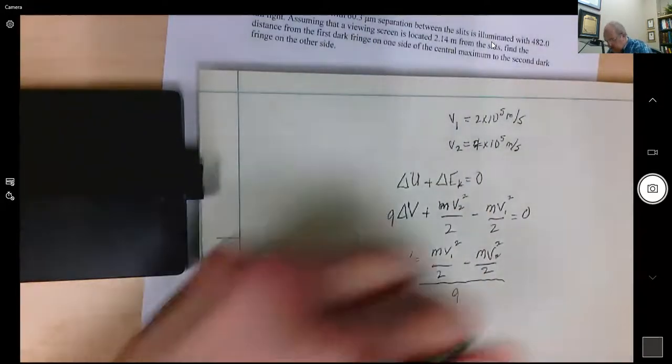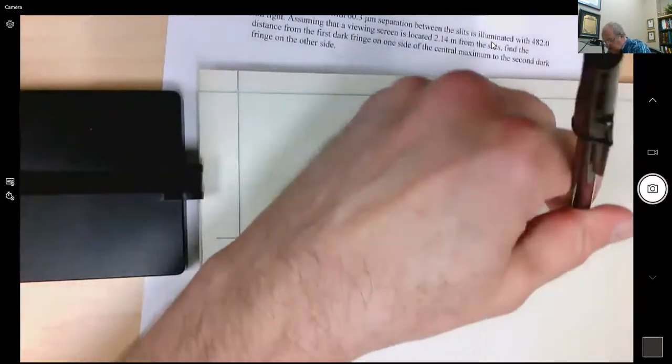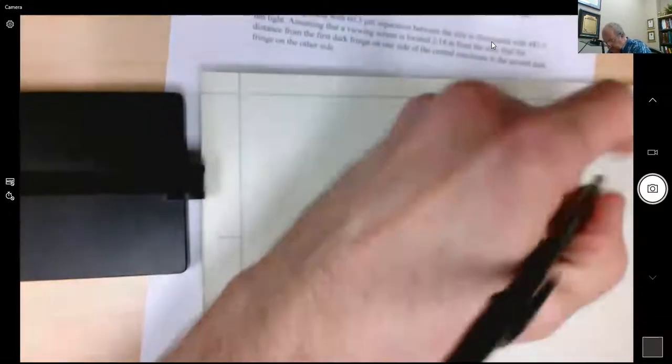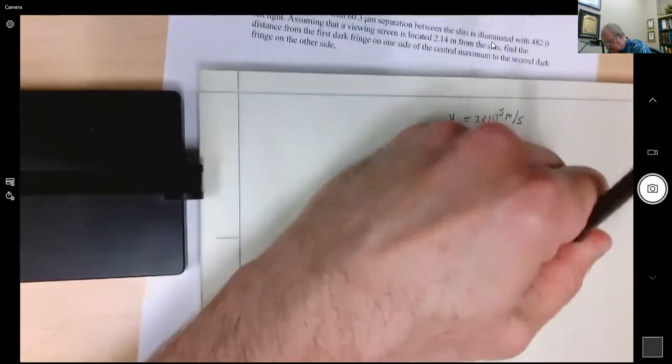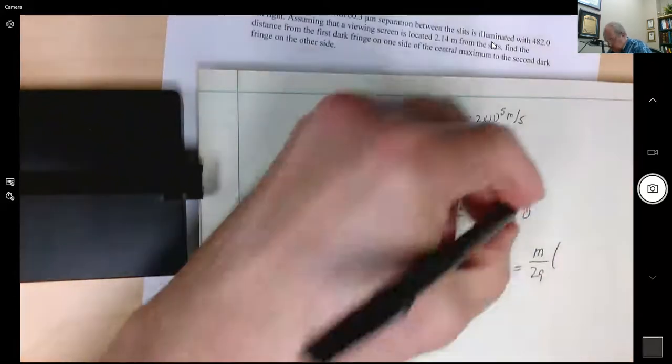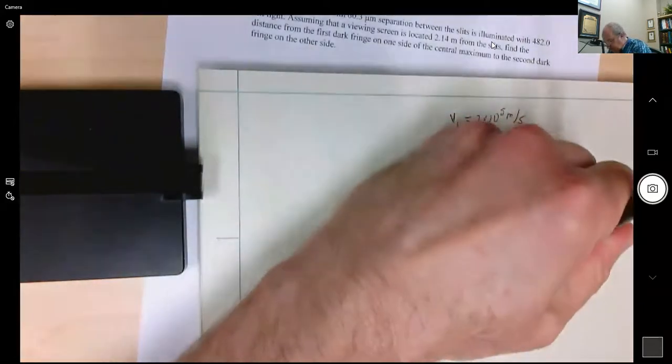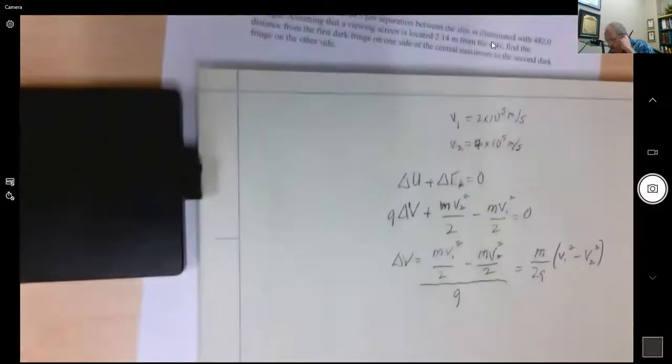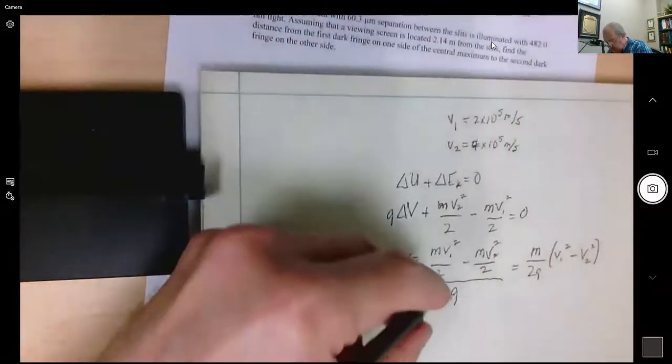Okay, I can simplify that a little bit further. Just take out m divided by 2Q, times V1 squared minus V2 squared, and that will give me the potential difference.